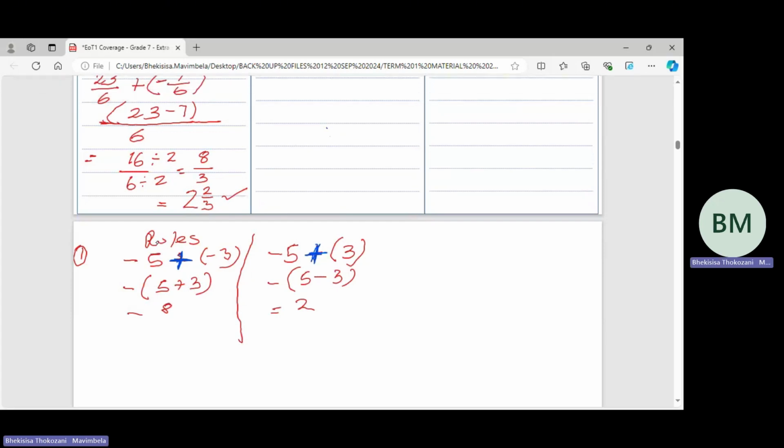Just use these rules here, okay? This is very important. I hope you remember on your exam. Okay, very important. Let's move on to the next one.